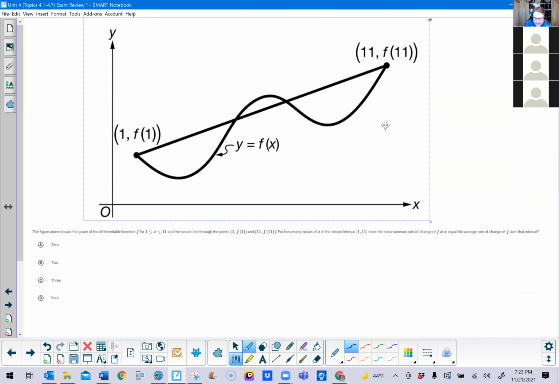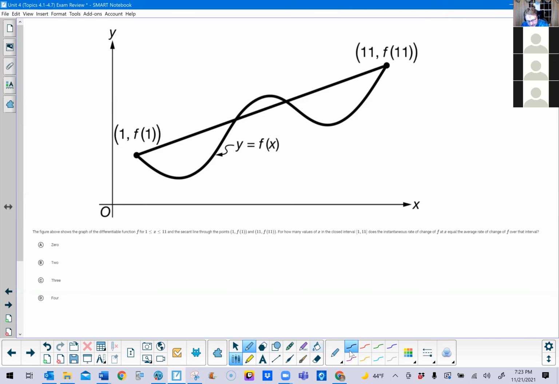And you have the point (11, f(11)). So the secant line is here, and then our curve f(x) is there. For how many values of x in the closed interval [1, 11] does the instantaneous rate of change of f equal the average rate of change? And your choices are 0, 2, 3, and 4.